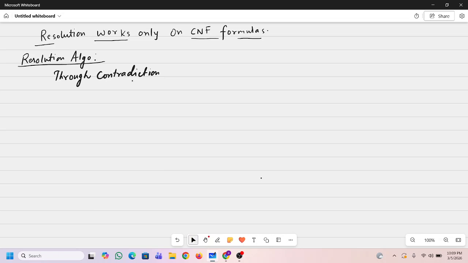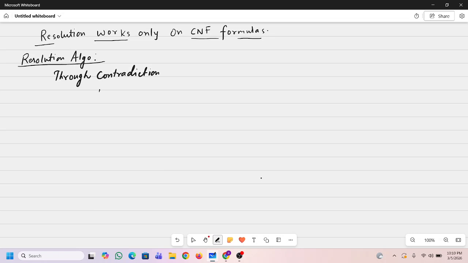A proof by contradiction means that we assume something that is not possible to be true, and then if we reach the conclusion that this particular assumption is false, then we think that we were assuming something wrong.